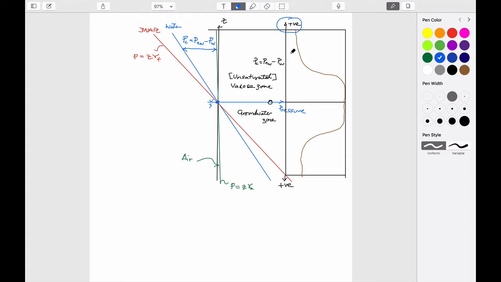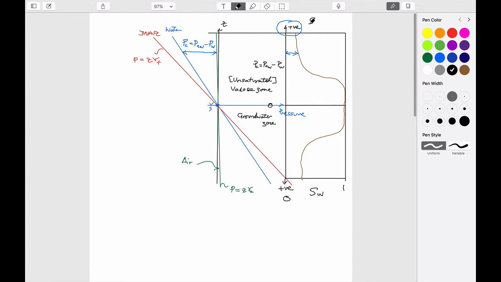And so what this is physically allowing us to do is to say that the amount of water that we have would be the saturation. I didn't label this, of course. This is saturation of water, 0 to 1. And if we wanted to, this could be the saturation of the non-wetting fluid, which would just be the inverse of that.